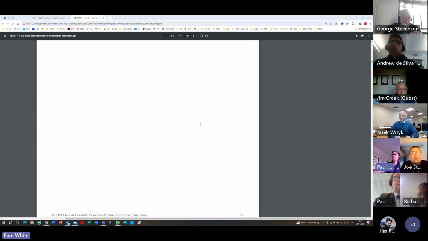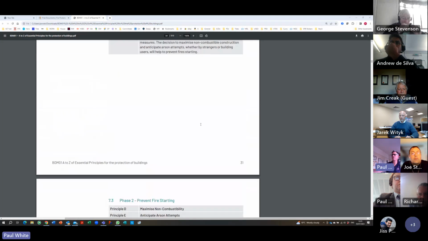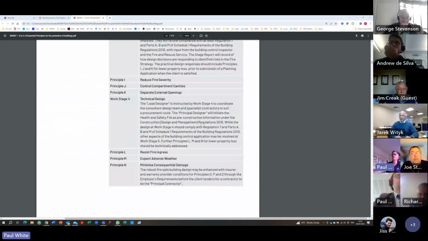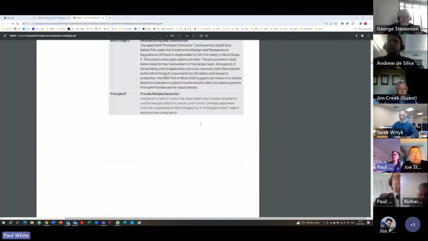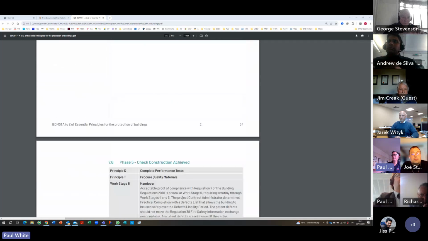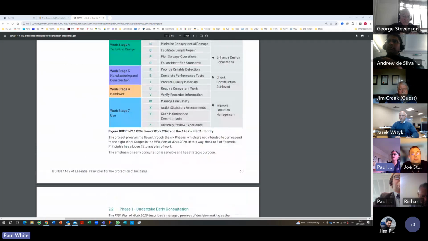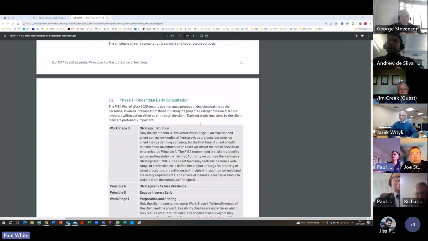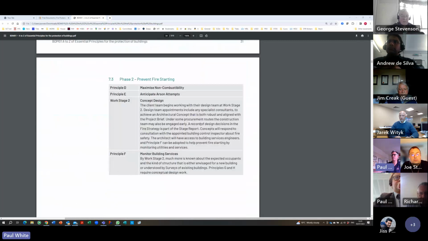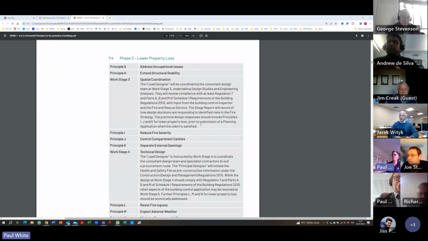You go through the different bits and then, I've gone too far. Prevent the fire starting, property loss, etc. And I hadn't realised how much there was in this. So I've gone too far. So if we get back to 7.3, it must be, mustn't it? Undertake that. Prevent the fire starting. Lower property loss.